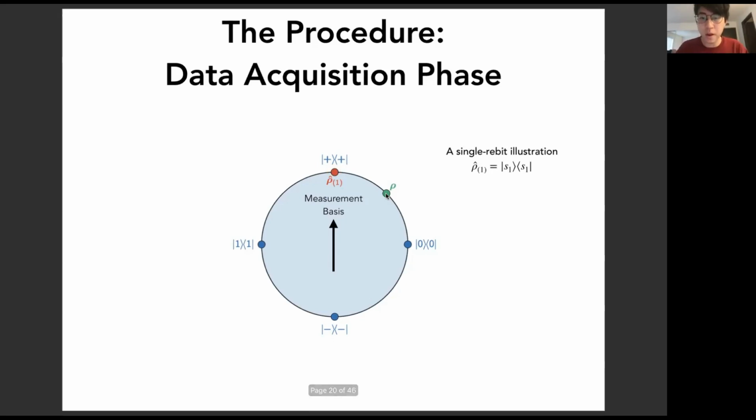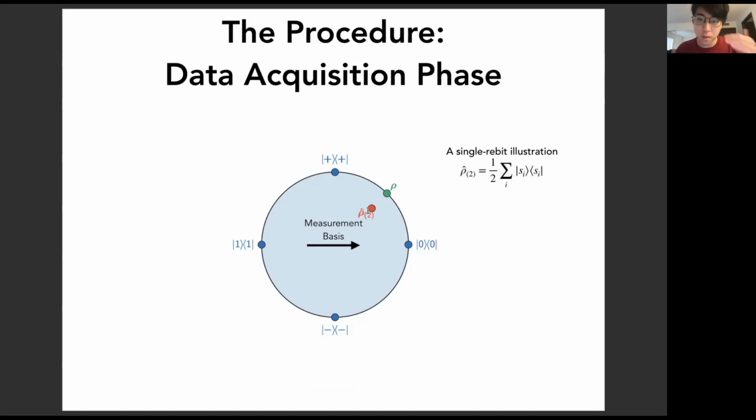So for the first round, let's say you really get the plus state, then your S_1 would be equal to plus. And now suppose in the second round, you measure in the 0, 1 basis, then S_2 would be equal to 0. And it's more likely that you would get 0. So let's say S_2 is equal to 0. Then when you average over them, this rho hat 2 would be this point.